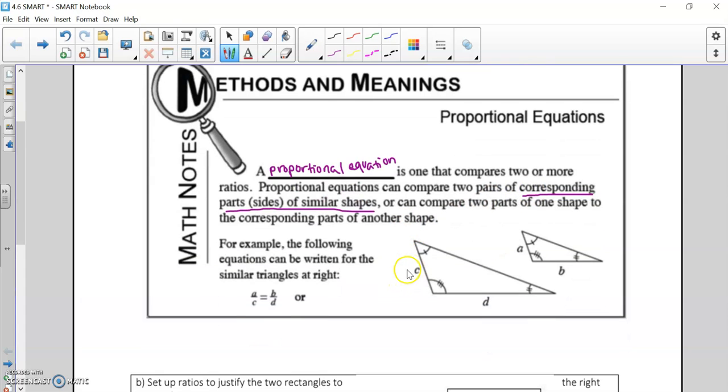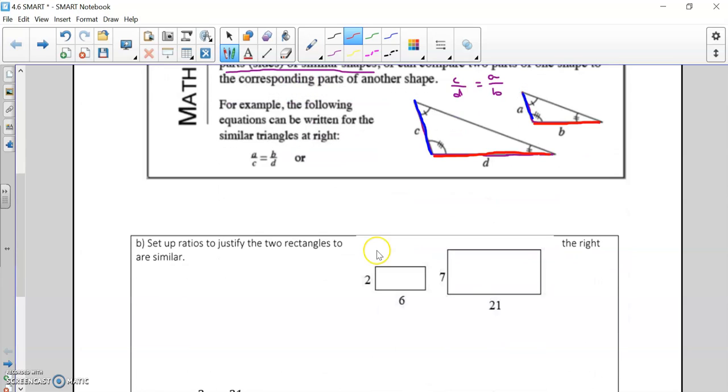So basically that's saying that I can make a ratio out of C and D and compare it to A and B. Or I can do this where I say A over C equals B over D. That's going to compare this to this with one ratio, and then this to this with the other ratio. Okay, so there's two ways I can set up similarity proportional equations, and those will help us solve for missing pieces.